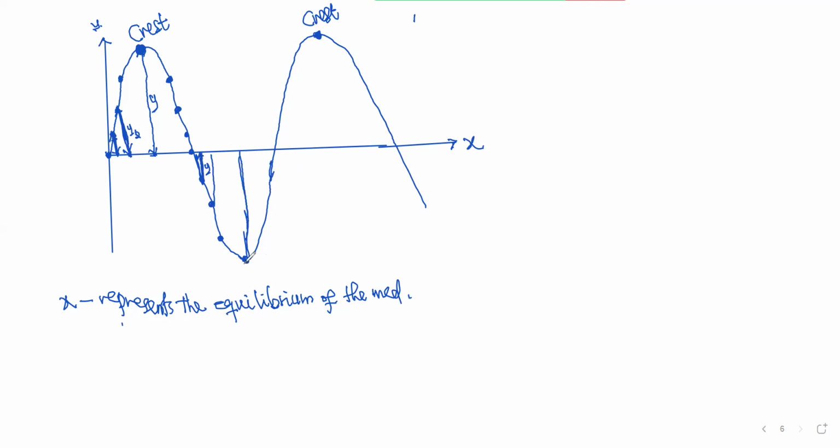Then we also have the same margin below, points where particles have been displaced so much but below, known as the trough. So they are continuous. A free wave or free oscillation has this continuity of crest and trough.